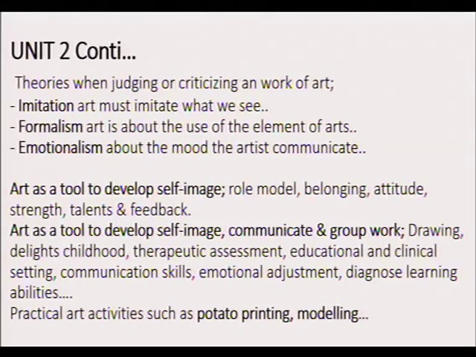They compare, they contrast, they discuss, or they disagree. Here we have three theories: imitation, formalism, and emotionalism. The theory of imitation argues that art must imitate what we see. You paint or draw according to what you see.